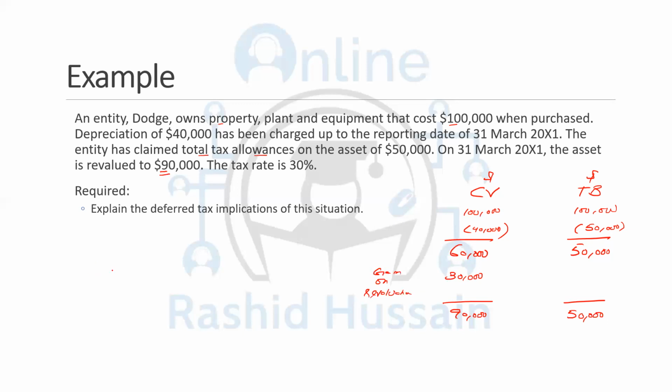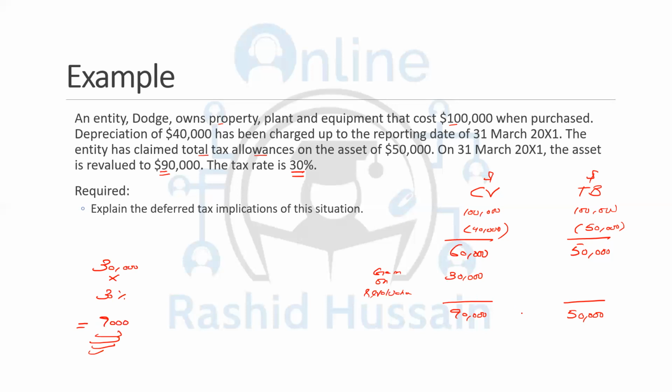Now, the gain on revaluation will give rise to the deferred tax liability. So 30,000 multiplied by the tax rate, which is 30%. This is 9,000. This 9,000 is actually the deferred tax liability which is related to the revaluation.